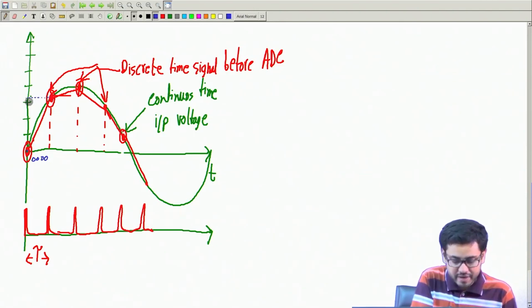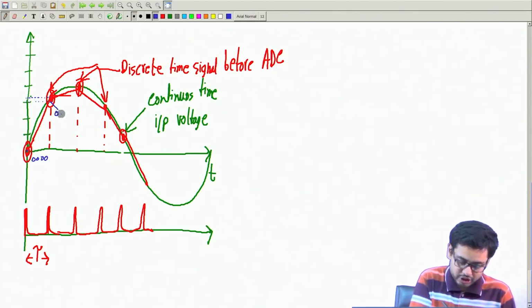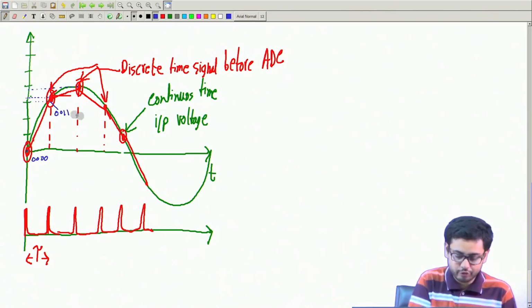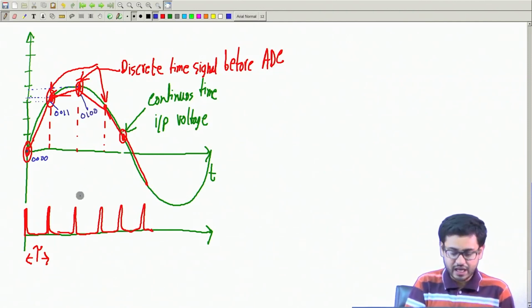And this value will get approximated by possibly this. This is the closest integer, so it will come down somewhat below. So the value we will have here is possibly 0 0 1 1. This point will be approximated by 4, so the value we will have here is 0 1 0 0, and so on.